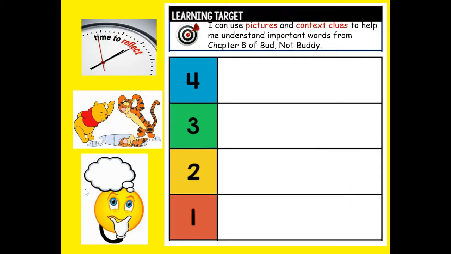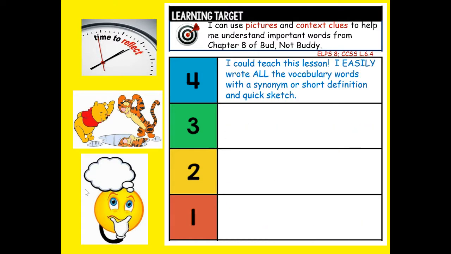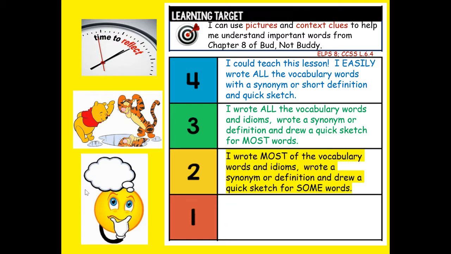So it's time to reflect on your learning. How well did you reach the learning target of I can use pictures and context clues to help me understand important words from the story Bud, Not Buddy of chapter 8? Would you give yourself a 4? I could teach this lesson. I easily wrote all the vocabulary words with a synonym or short definition and quick sketch. 3, I wrote all the vocabulary words and idioms, wrote a synonym or definition, and drew a quick sketch for most of the words. 2, I wrote most of the vocabulary words and wrote some of the synonyms and pictures.